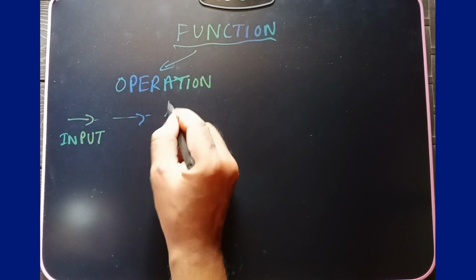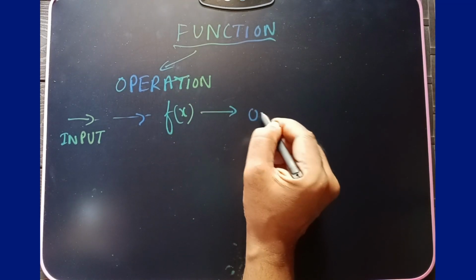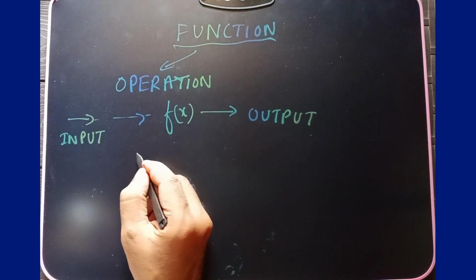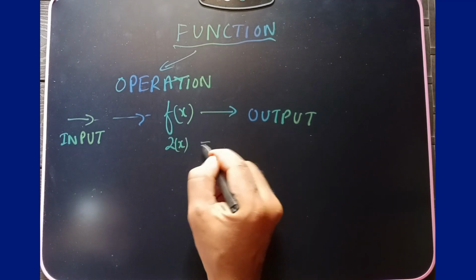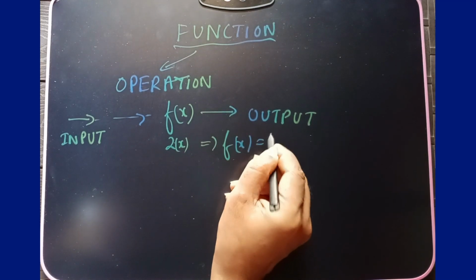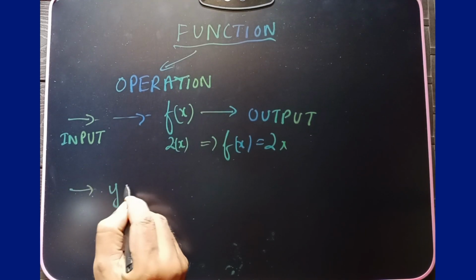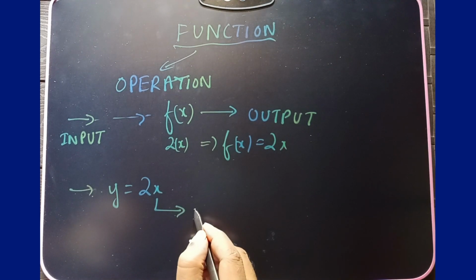You give it some input, and the function will give an output. For example, this function can be 2x, so you can write it as f(x) = 2x. And if you have another function like y = 2x, then x is the independent variable.